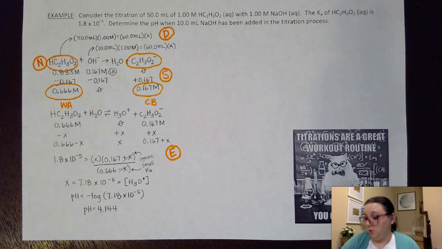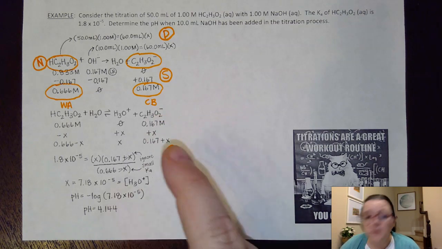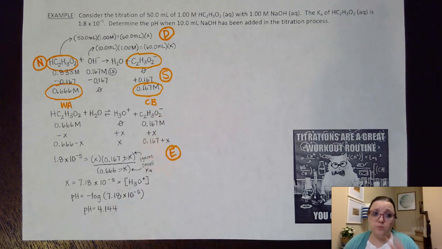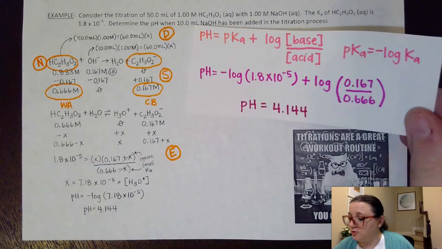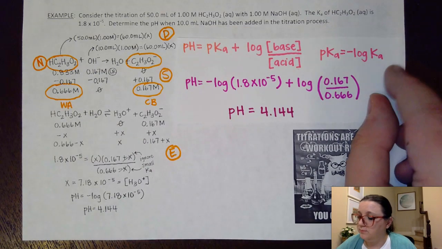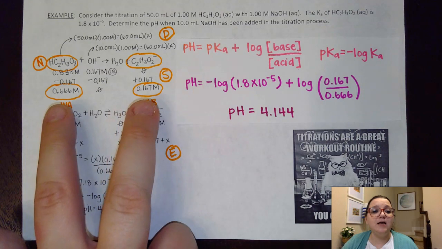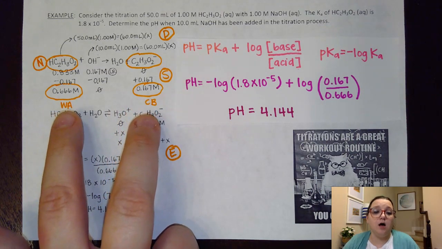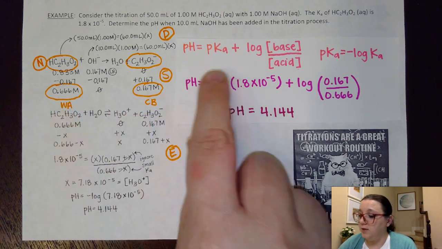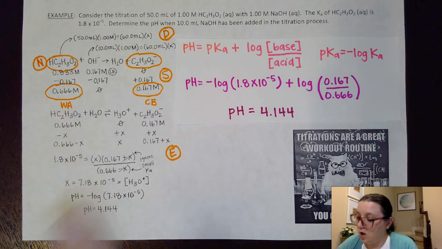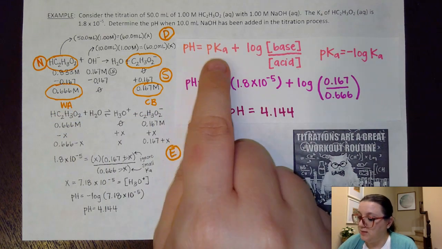So, could I do it with equilibrium? Absolutely. Remember what I said at the beginning of this video. You can always do these problems with equilibrium. It always works. But here's an alternative option. Once I see I have a weak acid and a conjugate base, I can plug in HH. So I would have my pH equals my pKa.